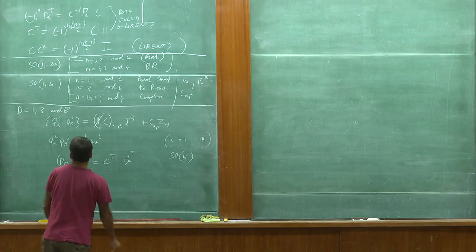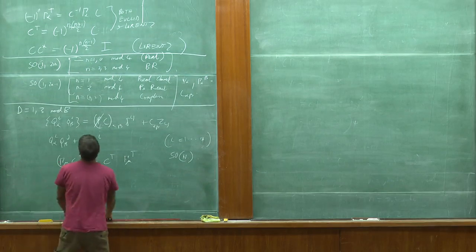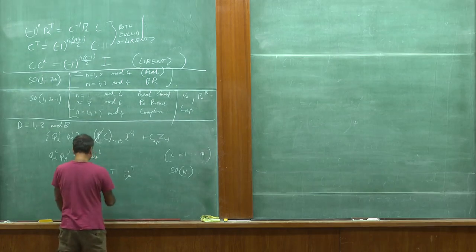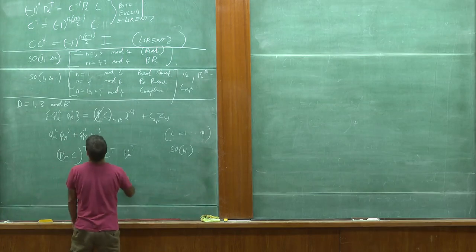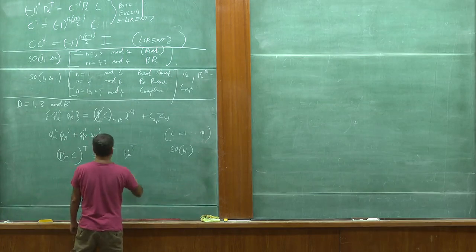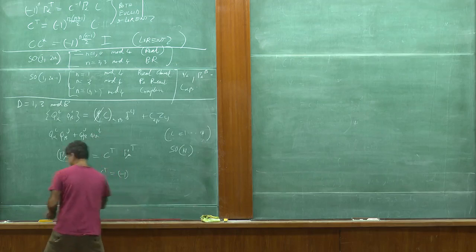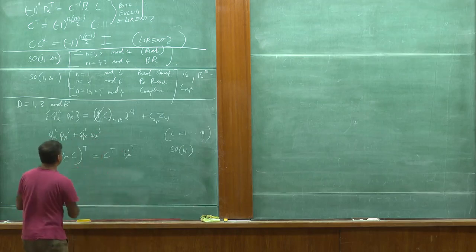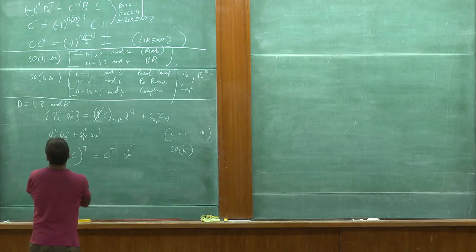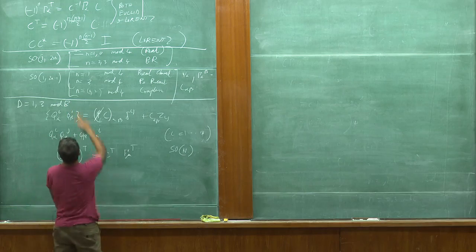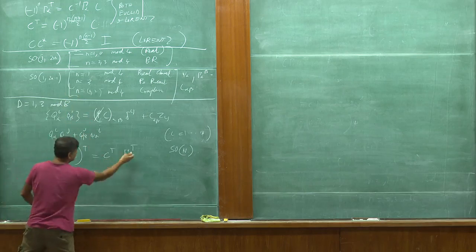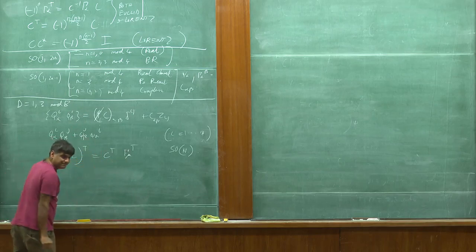Now we've got C transpose times gamma mu transpose, and we want to look at how I can rewrite that in terms of something without a transpose and in the reverse order.